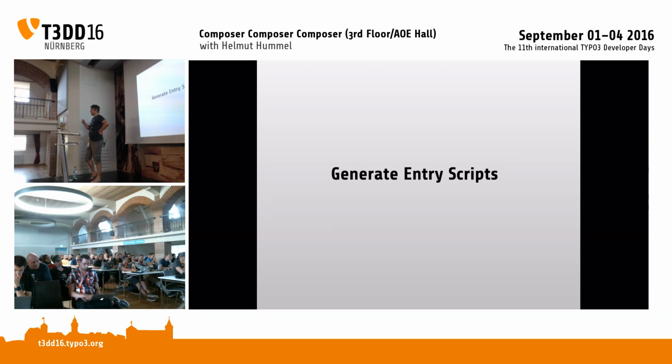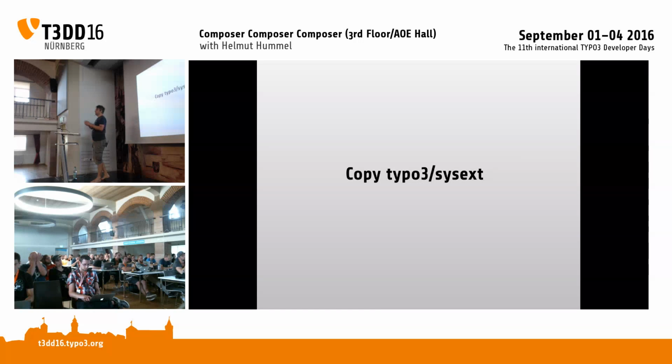And we are going to generate them. Why are we going to generate them? Because at the time of Composer installation, we know where the autoload.php is. Then we don't have to do some magic symlinking of the autoload.php in the TYPO3 directory, right? So we just write it down in this entry script or in these entry scripts. And what we also have to do then, because the TYPO3 folder isn't a symlink anymore, as the first step, is copy every sysext, because TYPO3 expects the system extensions in typo3/sysext.